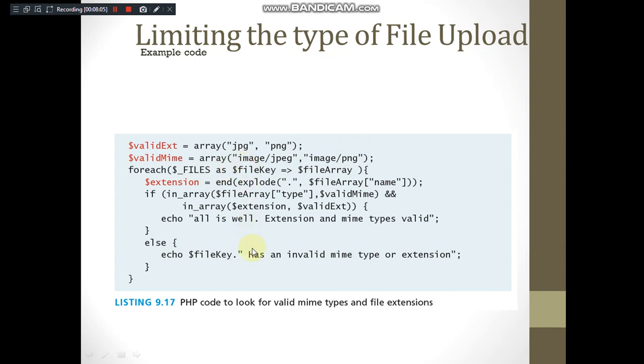For each file uploaded, you are checking that extension. It should be of the specified valid extension and the specified valid MIME type. First you check it is of a valid MIME type, and then you check the extension against the valid extensions. If it is fine with both of these, you display a proper message. Otherwise you say that it has an invalid MIME type and extension.